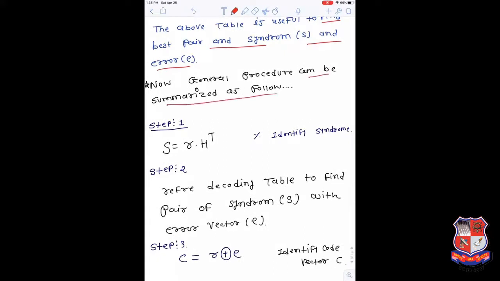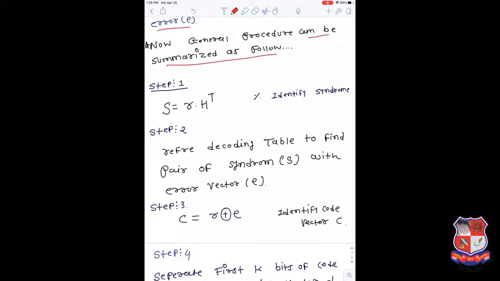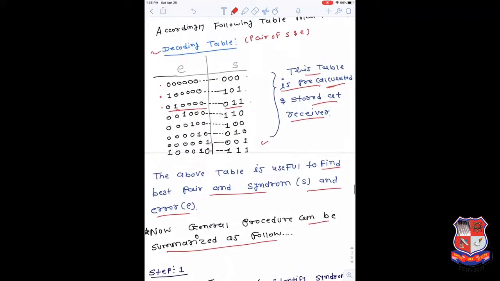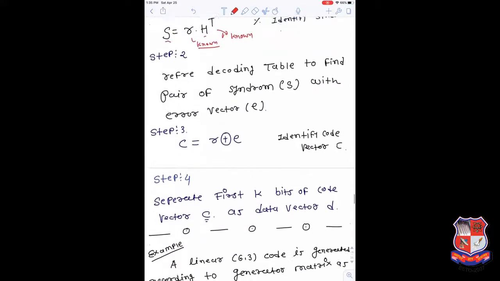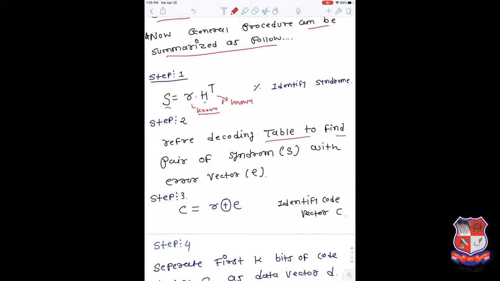Now we summarize the general procedure. First, whatever vector is received, that is R, is known because we are receiving it. H^T is also known because it is already stored in memory. So we multiply the received vector R with the stored H^T, R times H^T, and we get the syndrome S. Now we refer to the decoding table and find the best match of syndrome S with the error E. We look at this row: S is matched with which error vector.